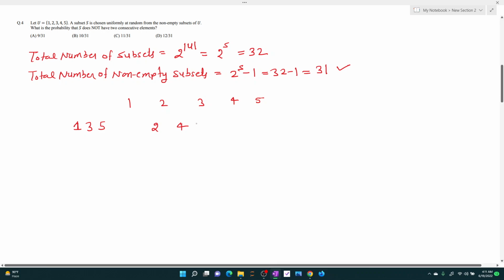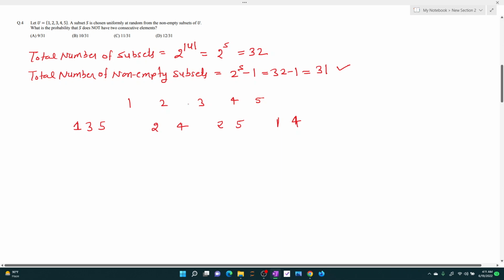Similarly, we can have 2 and 5, right? So we can make subsets out of 2 and 5 such that these subsets will not contain any consecutive elements. Similarly, we can have 1 and then 4, right?